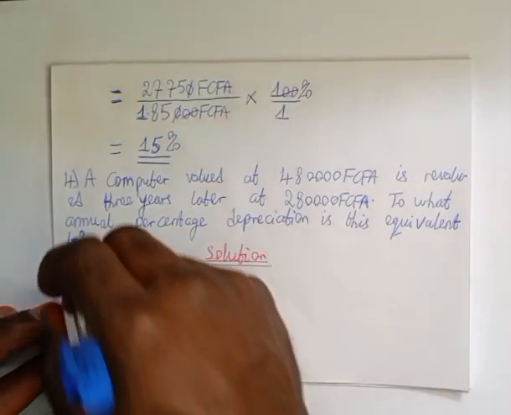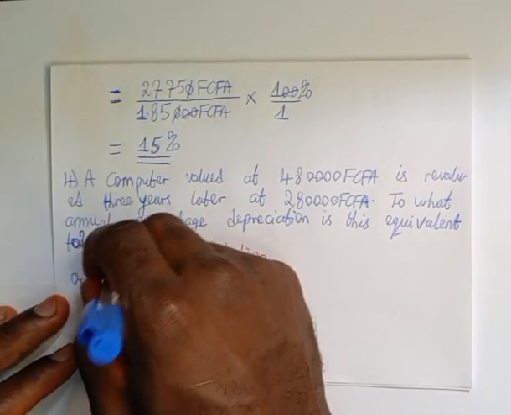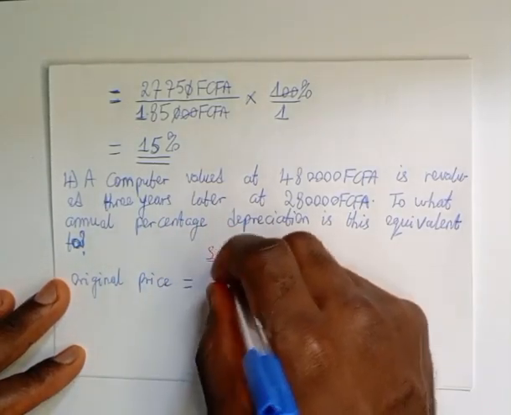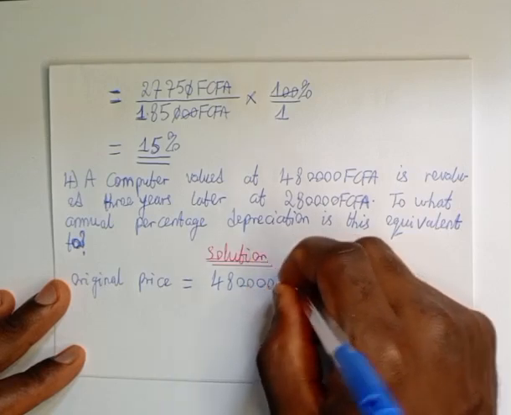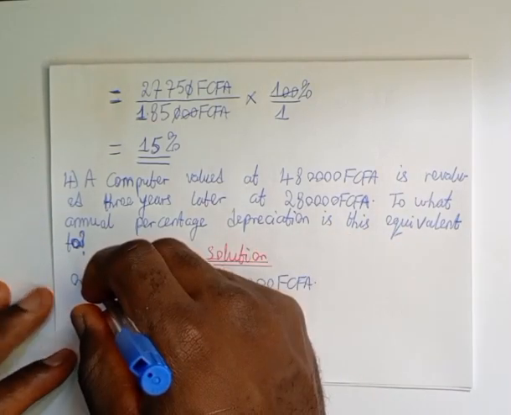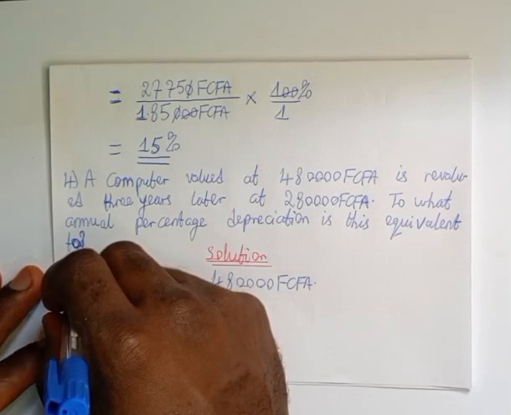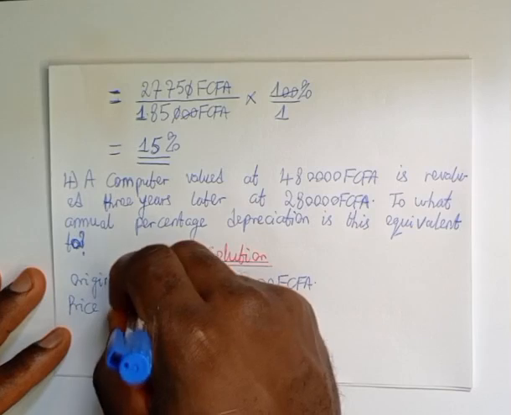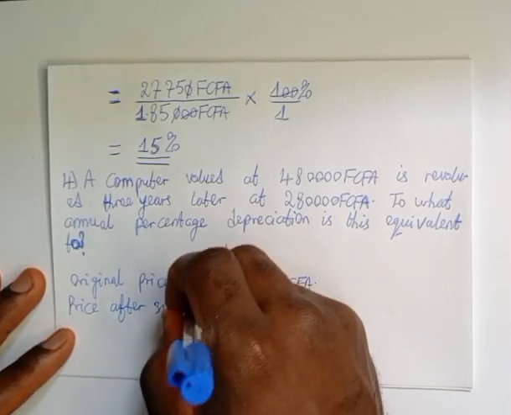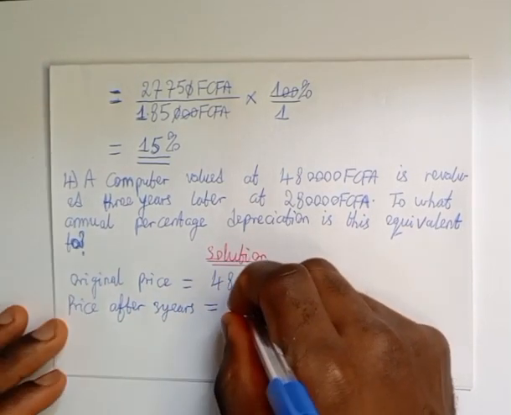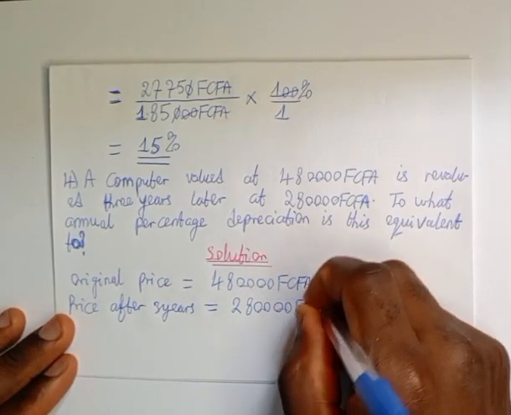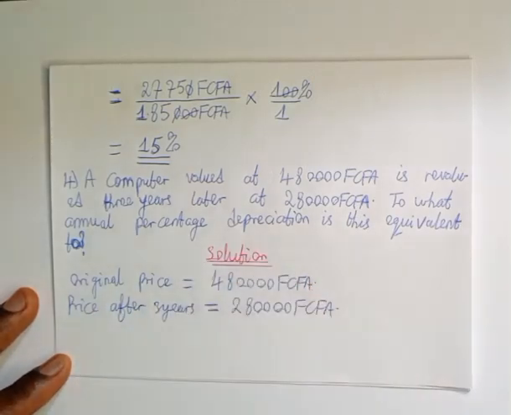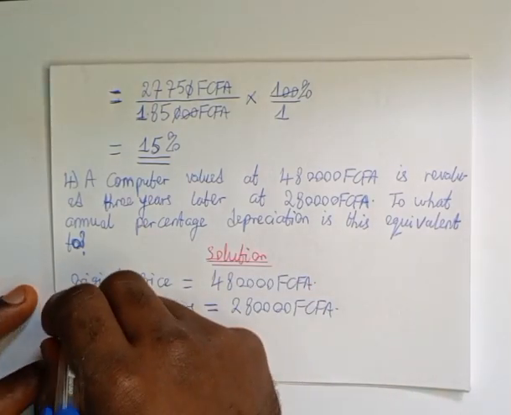First, we are going to start by writing down the original price of the computer, which is 480,000 francs CFA. Next, the price of the computer after 3 years. Price after 3 years is equal to 280,000 francs CFA. Next, we need the depreciation amount, that is amount lost.